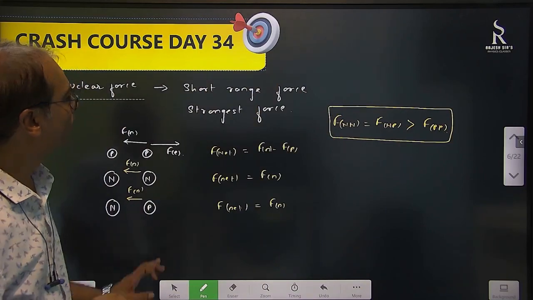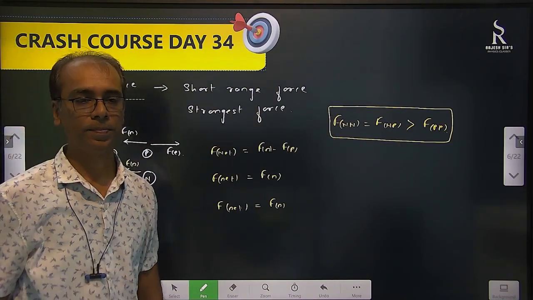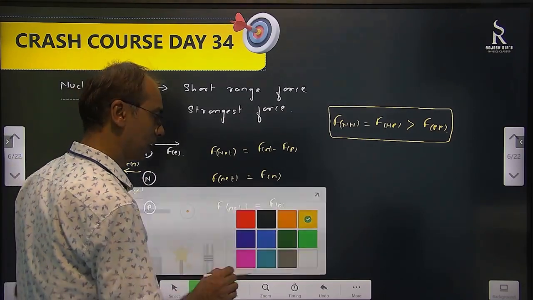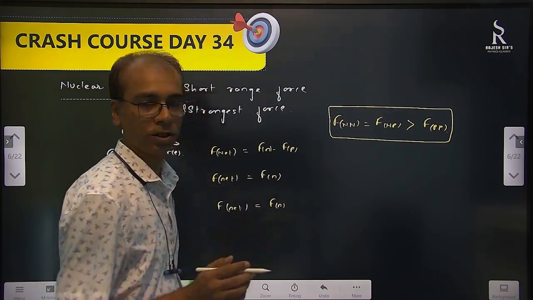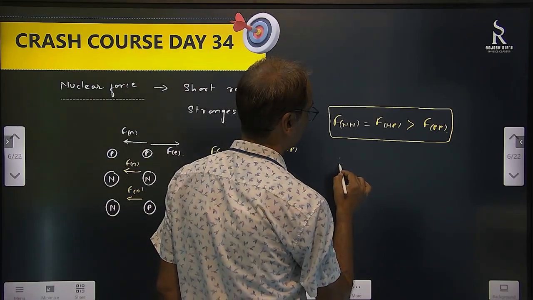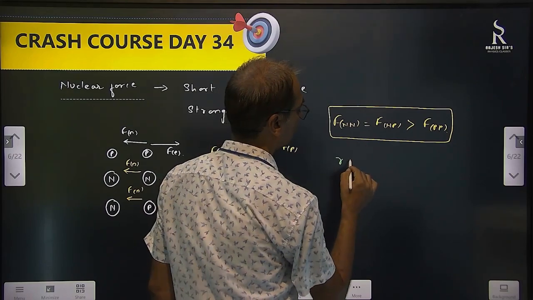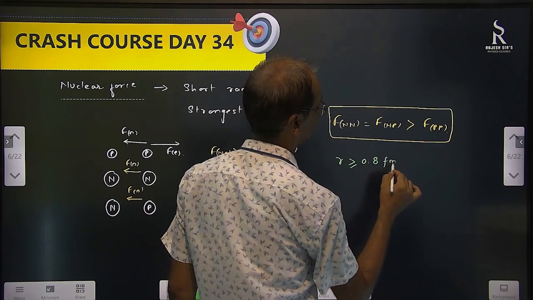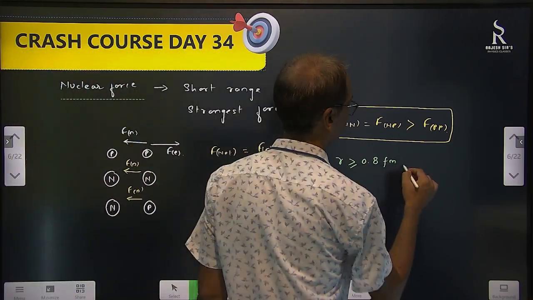Alright, now one more question arises: is nuclear force always attractive? The answer is no. It can be repulsive also. When can it be repulsive? It depends on the separation between two nucleons. So suppose R is greater than or equal to 0.8 Fm, Fermi. Then it is an attractive force.